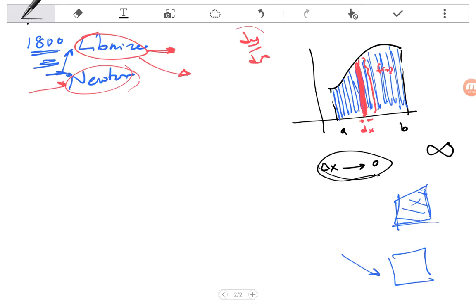That also happens for this number. This number is called infinitesimal, which is just the opposite of infinity.